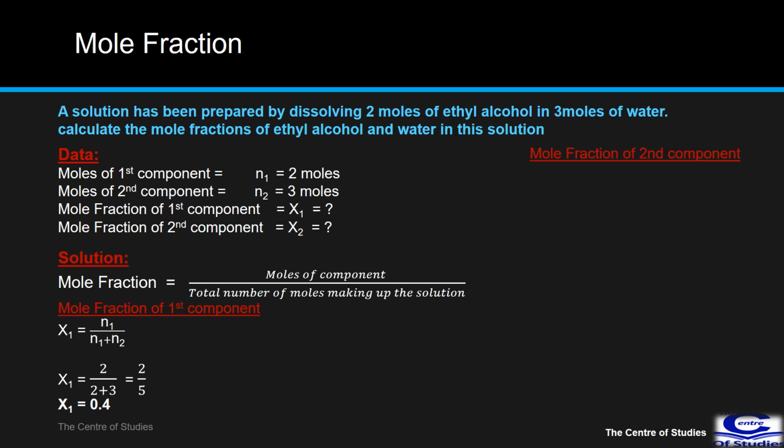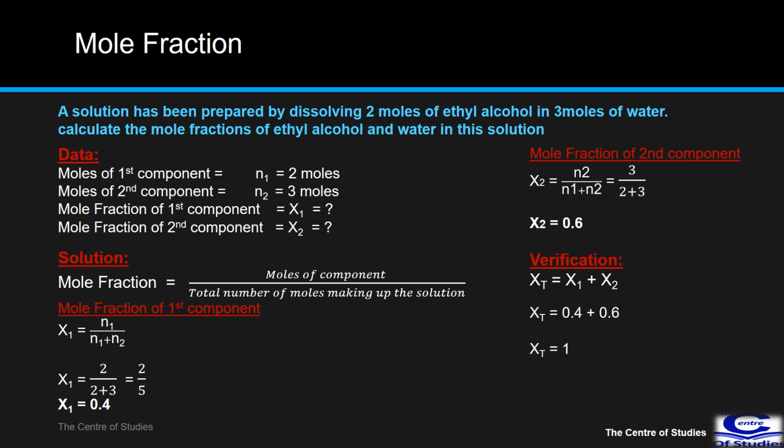Now the mole fraction of the second component, which is water: the equation becomes X2 is equal to N2 divided by N1 plus N2. So by doing the calculation, we get the answer. The mole fraction of the second component is 0.6. You can also verify your answer by adding all the mole fractions of the components, and the answer must be 1.